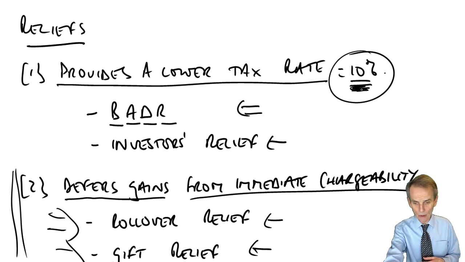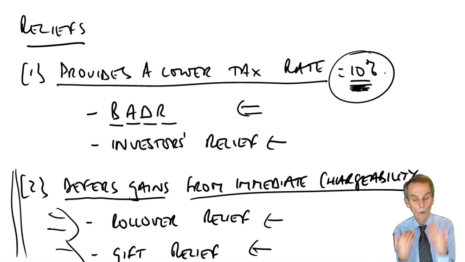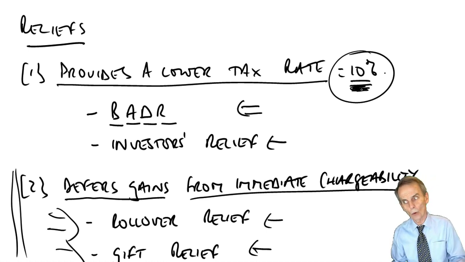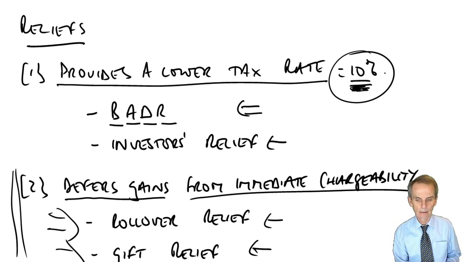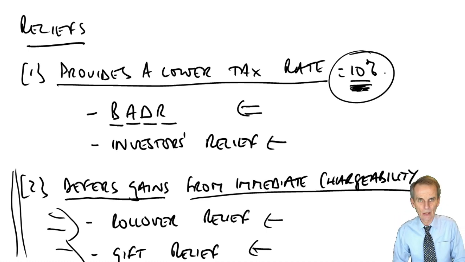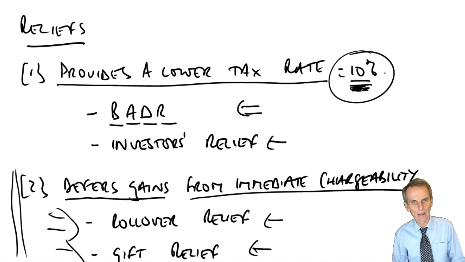The company owns the business property, the plant and machinery, the stock, etc. What do I, the individual, own? I own shares in that company. I dispose of those shares in what will be a qualifying and usually unquoted trading company. In those situations, the business asset disposal relief would be available.